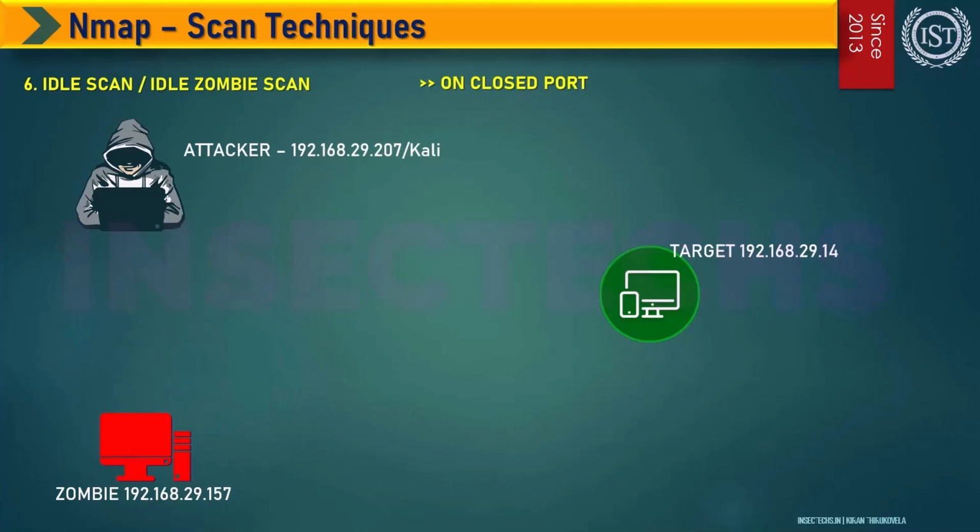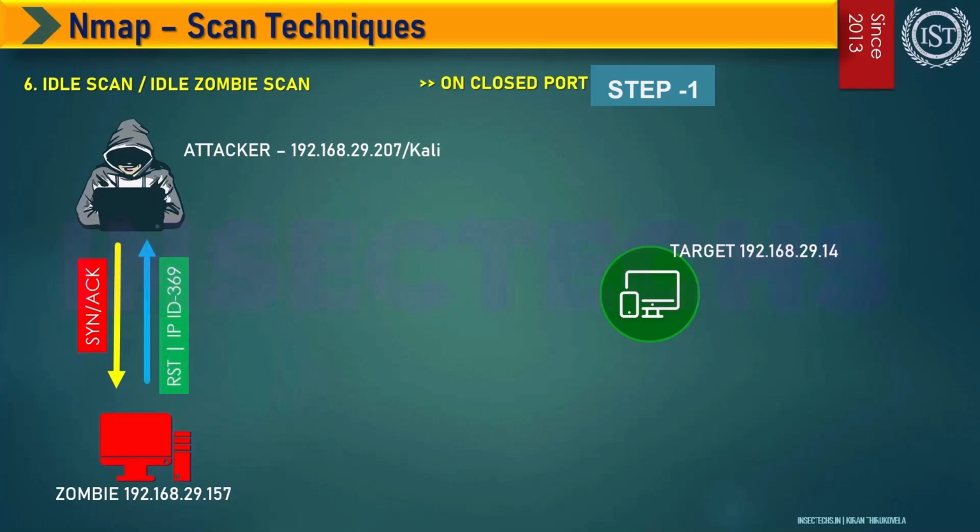So let us now do the same on a closed port, or understand it on a closed port. In the scenario of a closed port, step 1 is that the attacker sends a packet with the SYN-ACK flags enabled to the zombie machine. So obviously the zombie will send a reset flag with IP ID 369. Step 1 is completed.